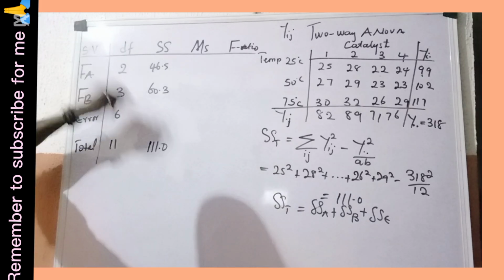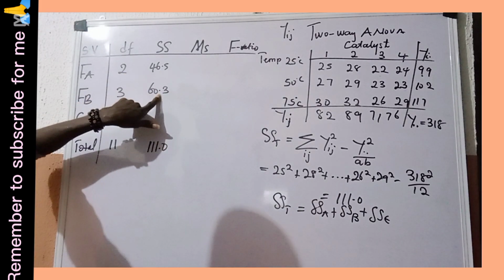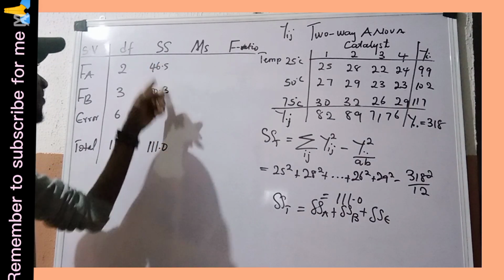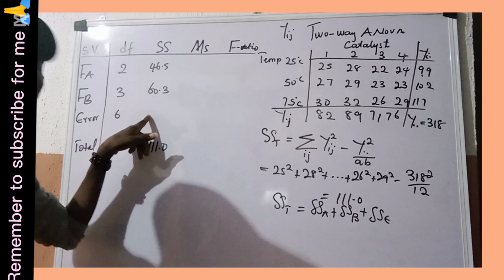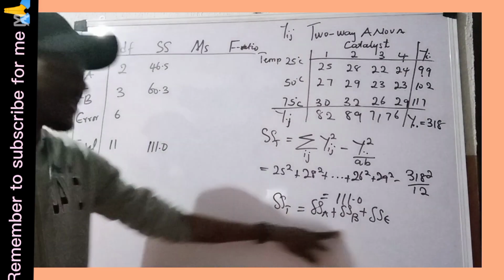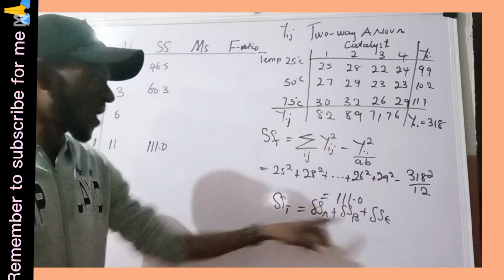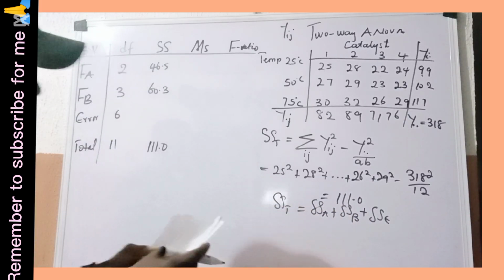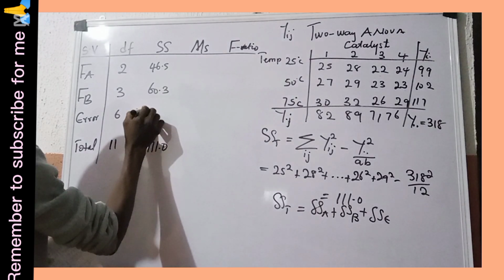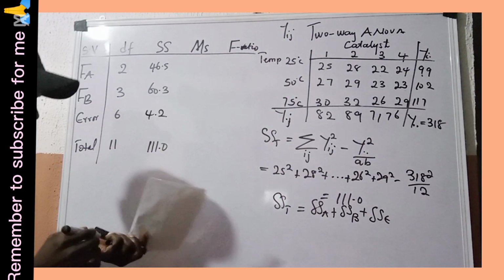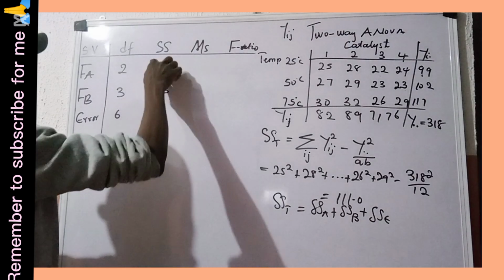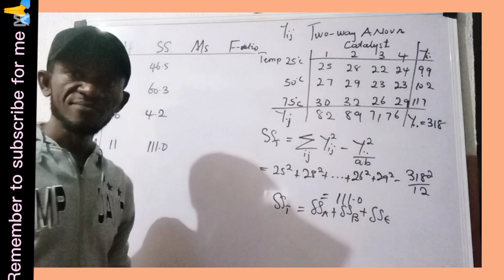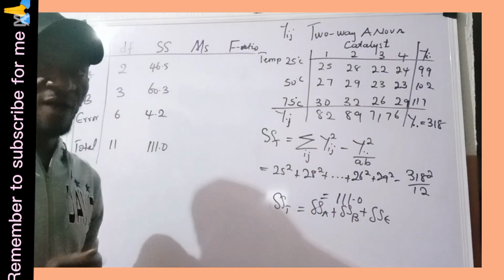So by implication, if you are given that of factor A and factor B, and you are looking for this and they are giving that of total, you say this plus this, and if you subtract it from this place, you'll be able to get here. So by making use of this relationship, anyone that is missing, you use this relationship to complete it. And if you do that, they gave that our SS of error is 4.2. By implication, if you say this plus this, subtract it from this, you are going to get 4.2. That is what we need to know about that.